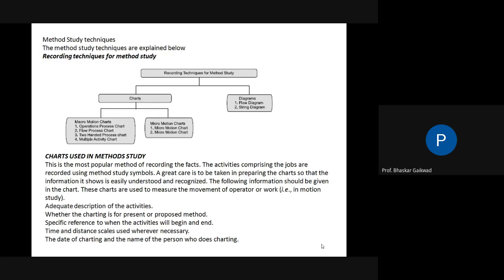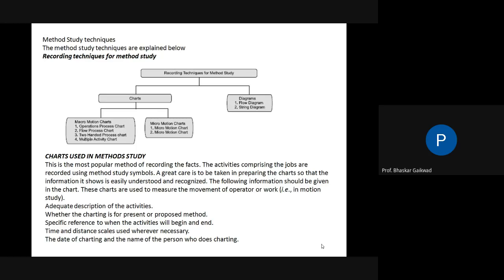Flow diagram means while processing any component, in which way the component is moving from one process to the other process, so that we can reduce the related cost, that means transportation cost. Very important thing. While making these two charts, it helps us to reduce the transportation cost. Both charts are related to unnecessary movement.